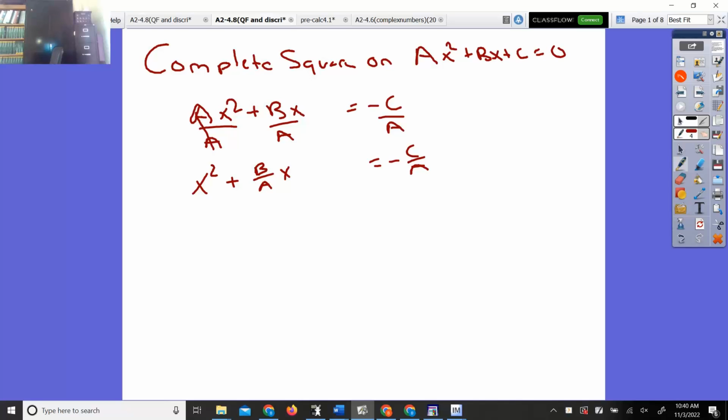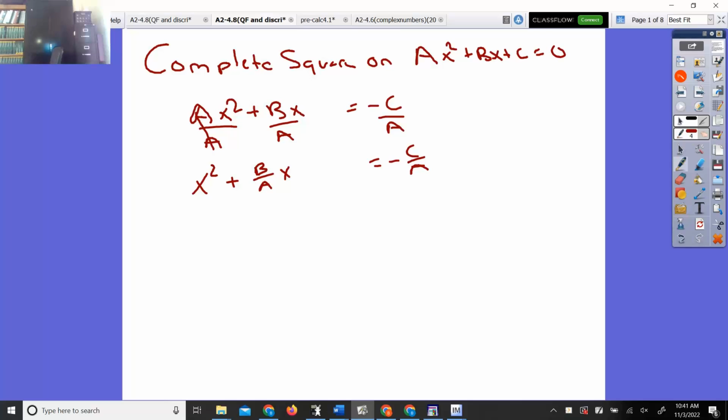Divide by 2. Divide what by 2? Divide x squared? No. Everything? No. B. Divide B by 2. Where do you find B? What's it in front of? X. It's in front of X.